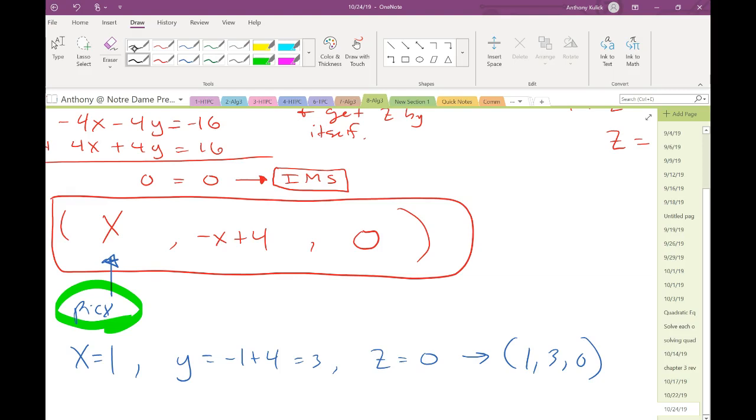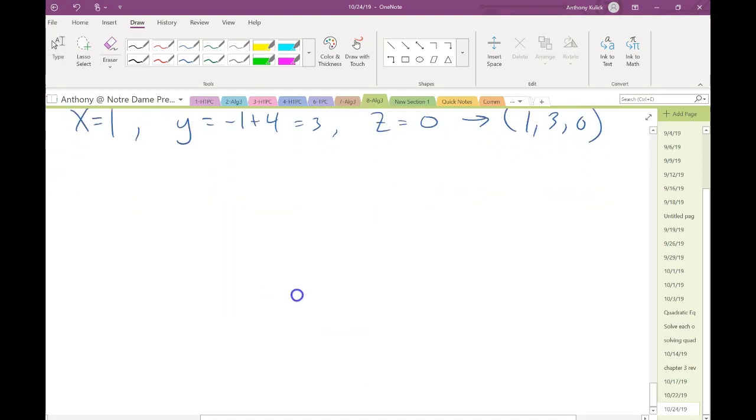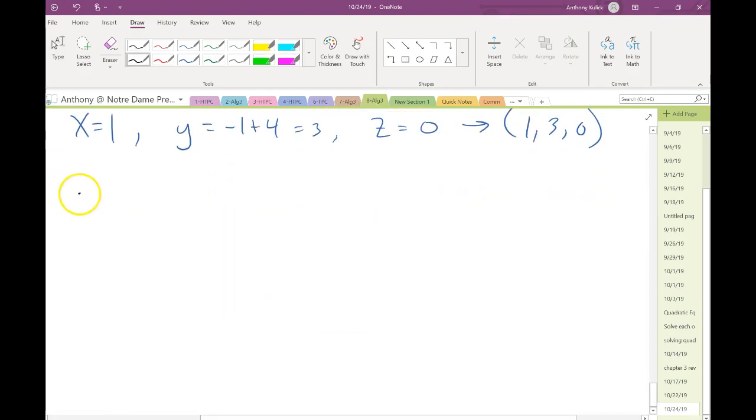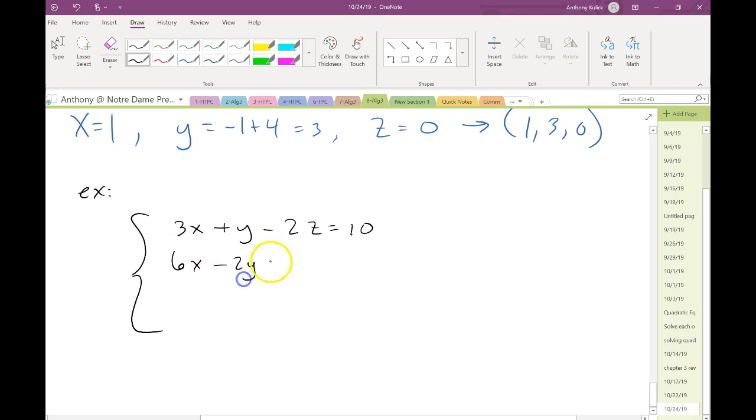So far, so good? I'm going to write up another system here, and what I'd like for you to do right now, just in your notebooks, is try to solve this system on your own, and then we'll go through the answer in a moment.